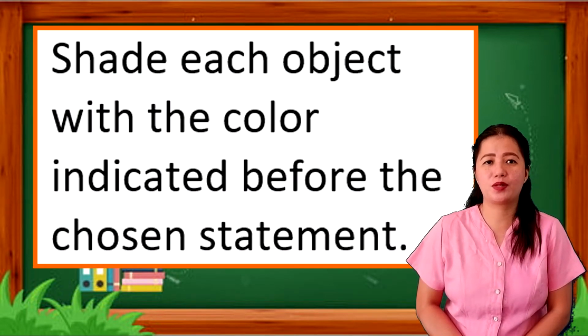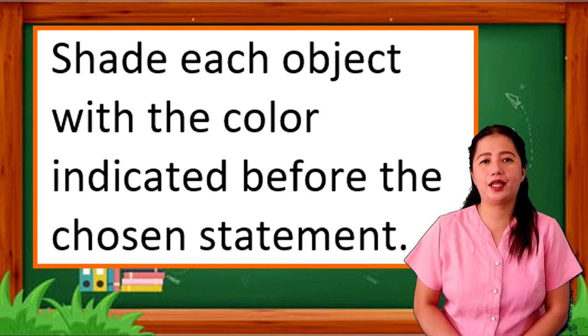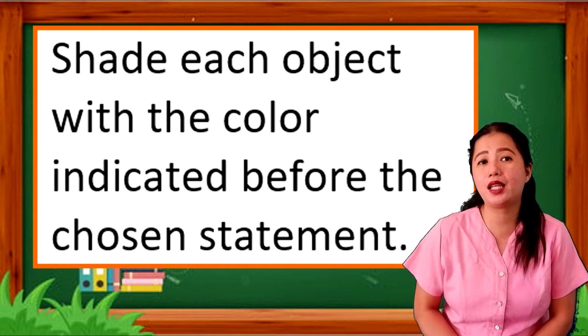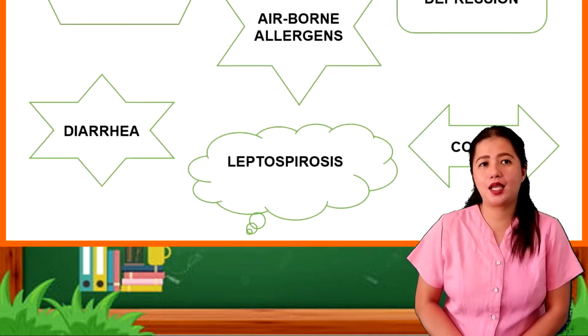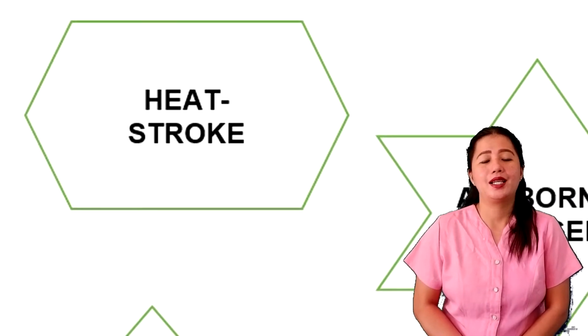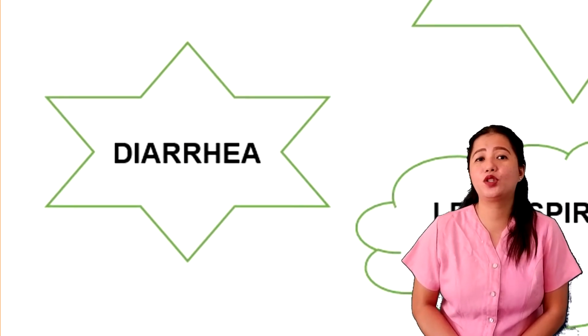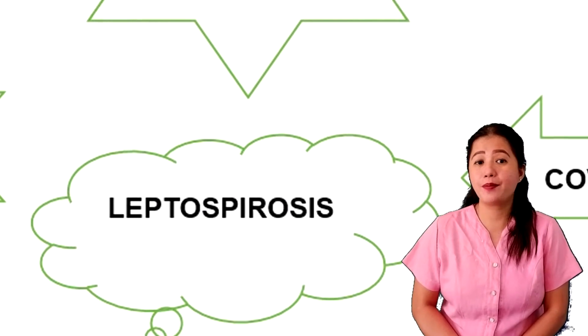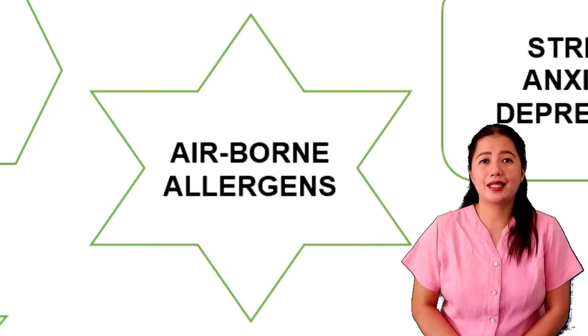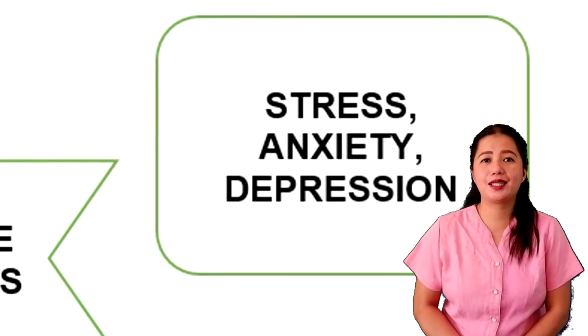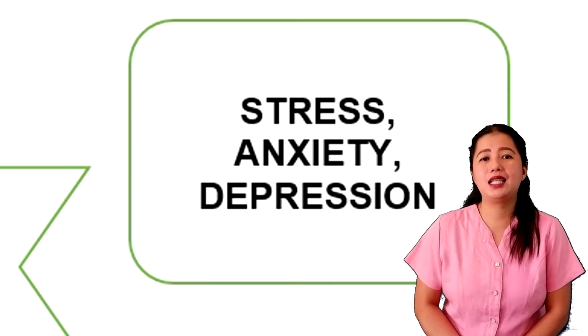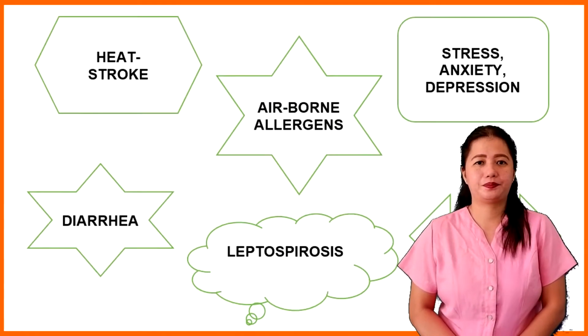Shade each object with the color indicated before the chosen statement. You can see heat stroke, diarrhea, leptospirosis, airborne allergens, anxiety, stress, depression, and COVID-19.